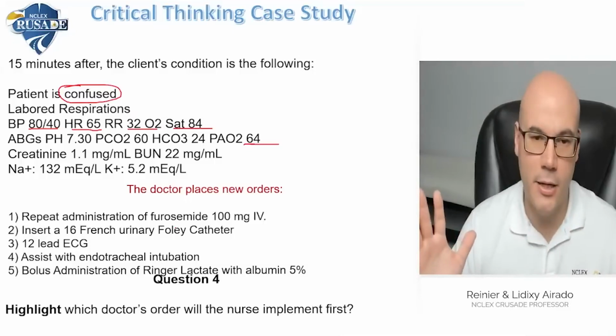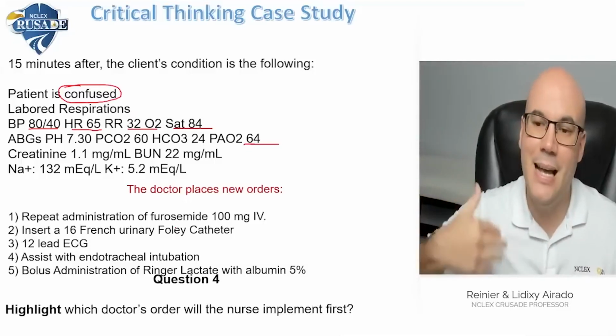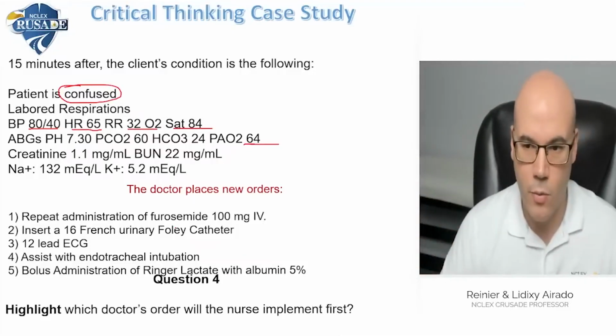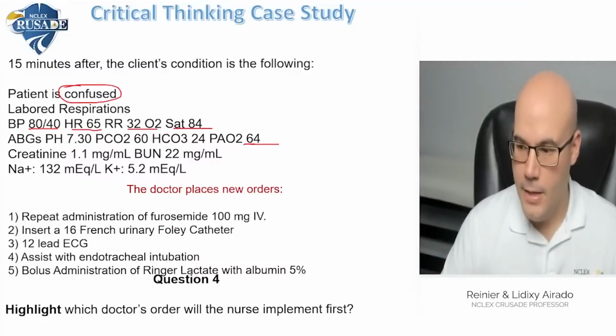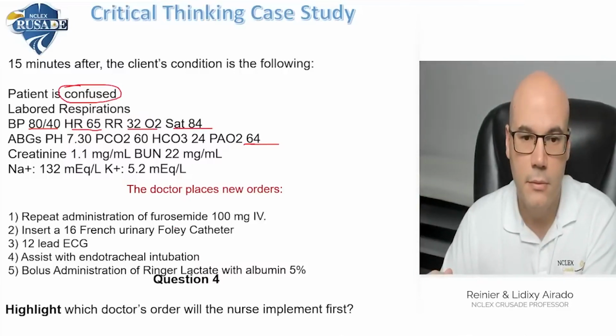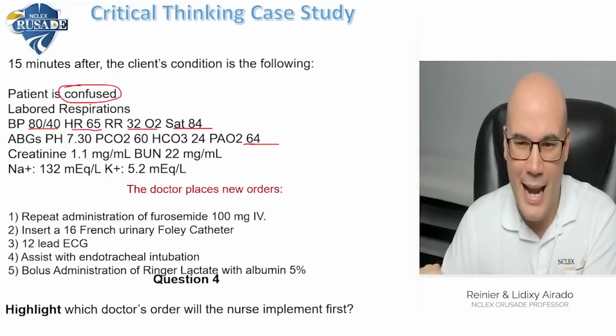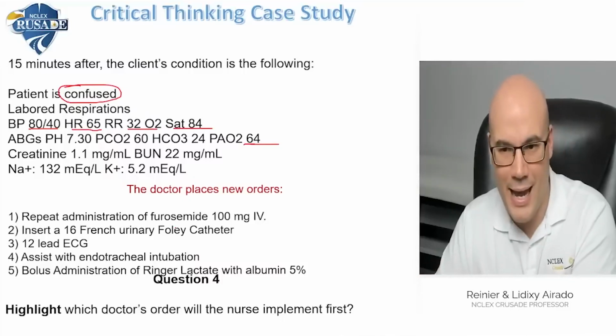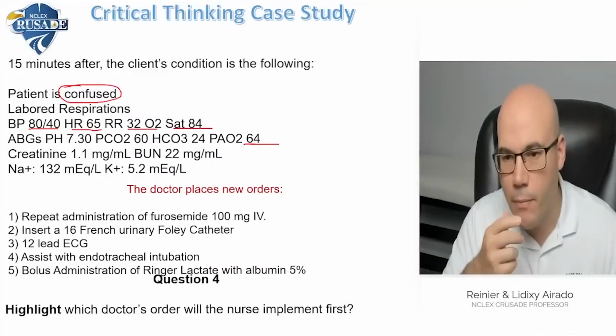All throughout the case study, the patient has been declining respiratory wise. Is there an answer that deals with a respiratory response? Can I do this action and help with the patient's problem?